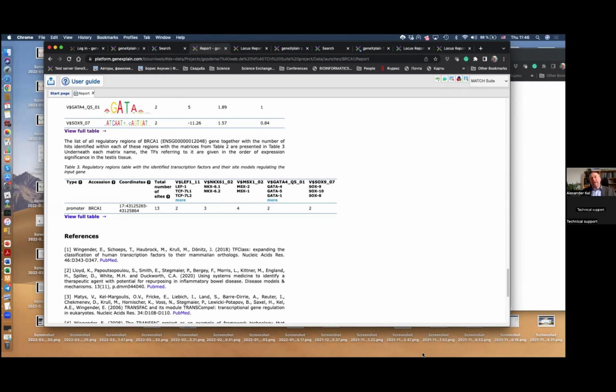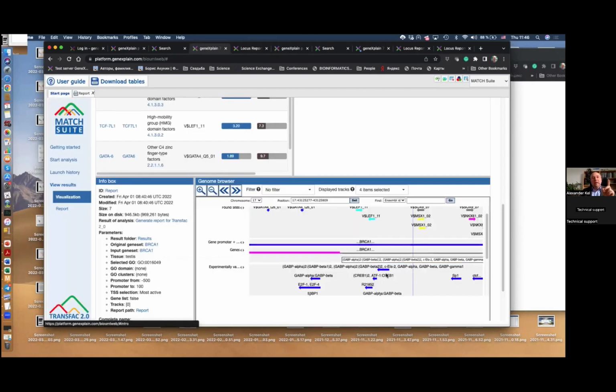the situation is that there are two genes which overlap, or the promoters of those two genes are overlapping. That happens. For instance, here we had this case in BRCA. There is another gene, NBR2, which goes in a different direction.